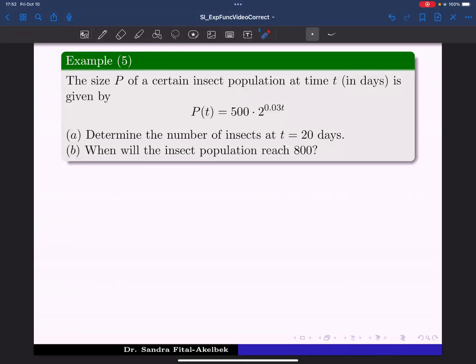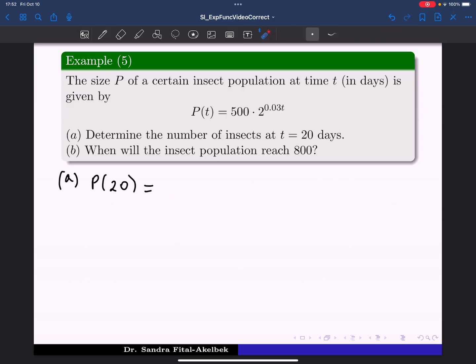Example 5. The size P of a certain insect population at time t in days is given by this formula. Determine the number of insects at 20 days. When will the insect population reach 800? For part A, we're simply finding P at 20.